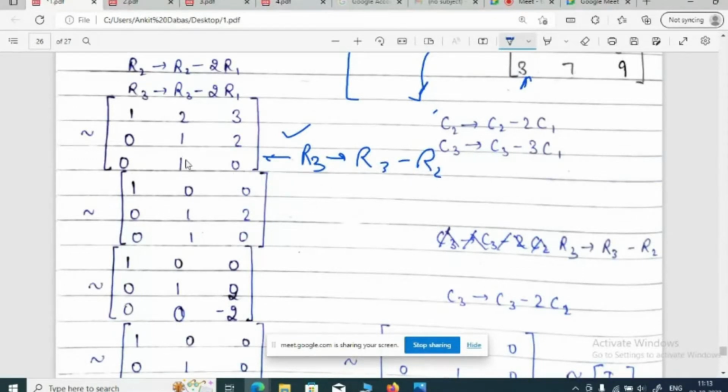In that case, this entry will become 0 and here we will have minus 2. So we will have non-zero entries here, here, and here. So that will be the reduced echelon form, with 3 non-zero rows in the matrix. So the rank of the matrix will be equal to 3.